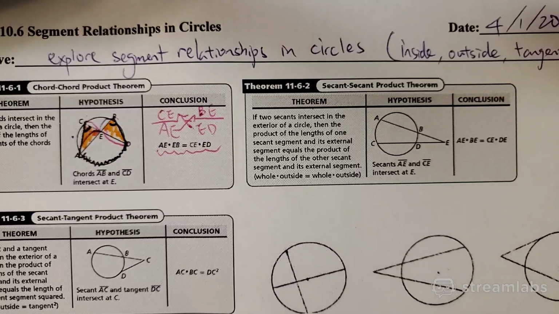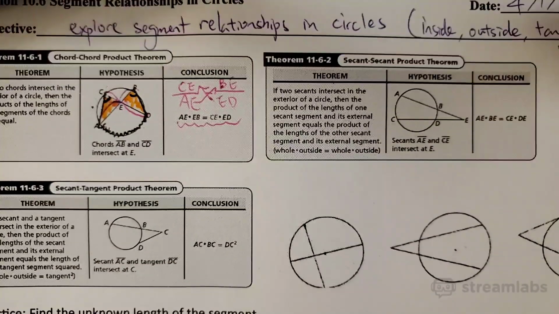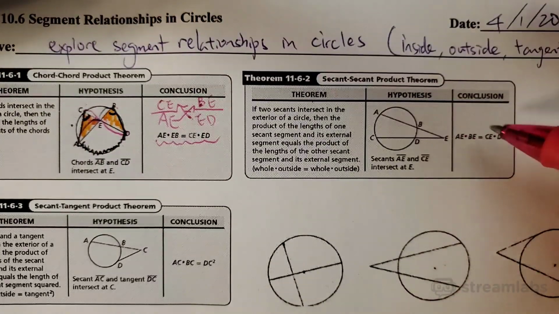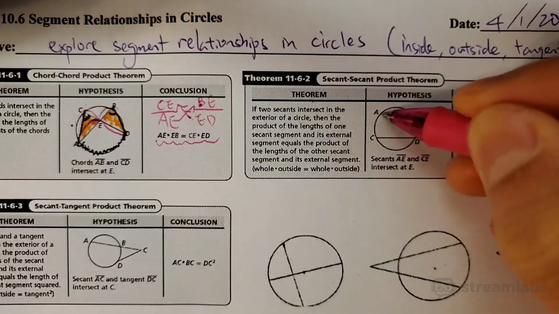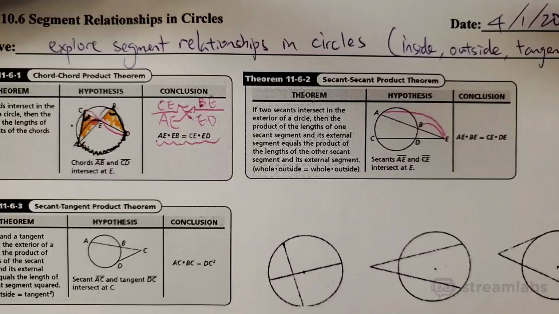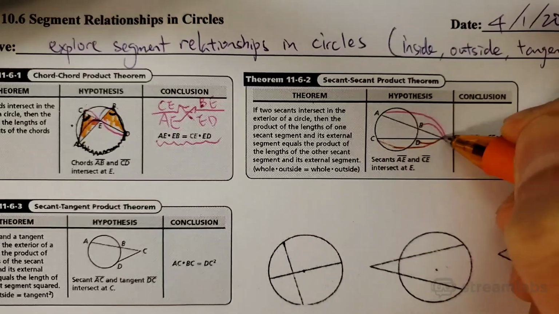So let's look at what the rest of them say. This one is AE times BE is equal to CE times DE.